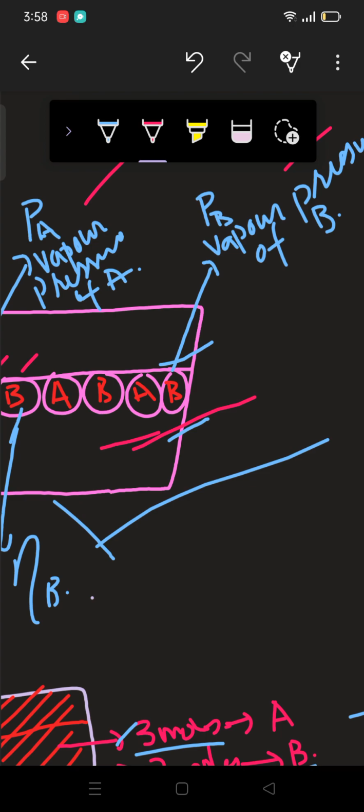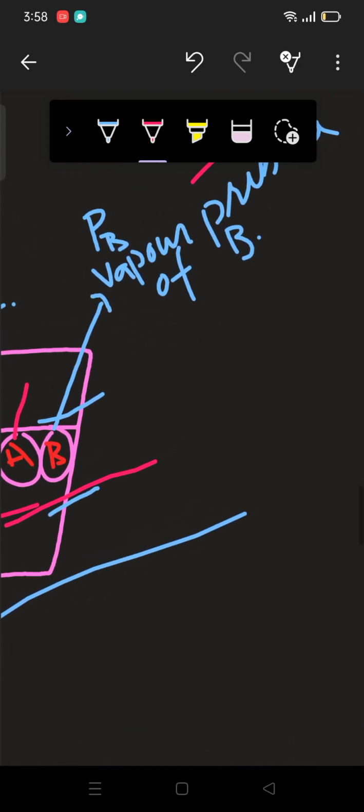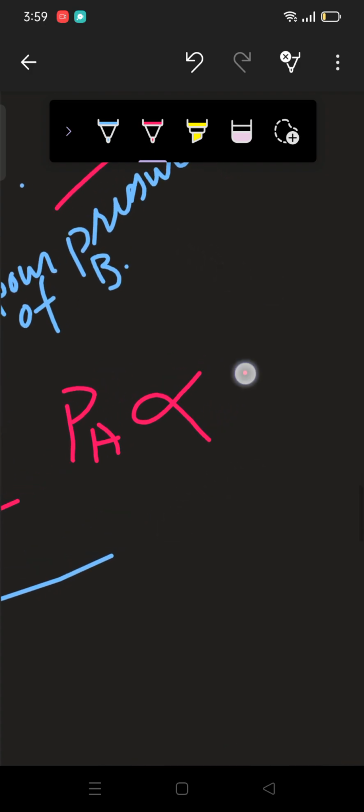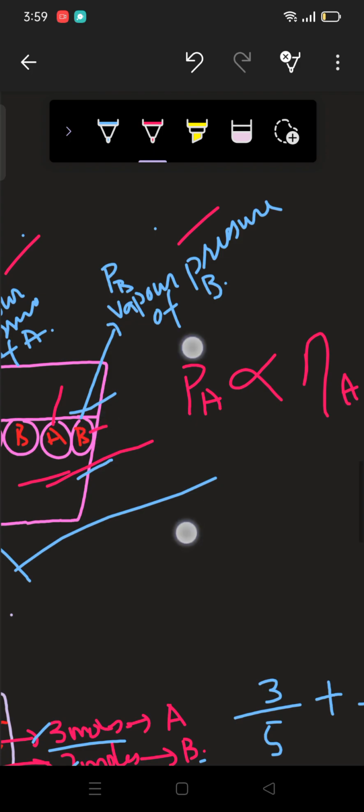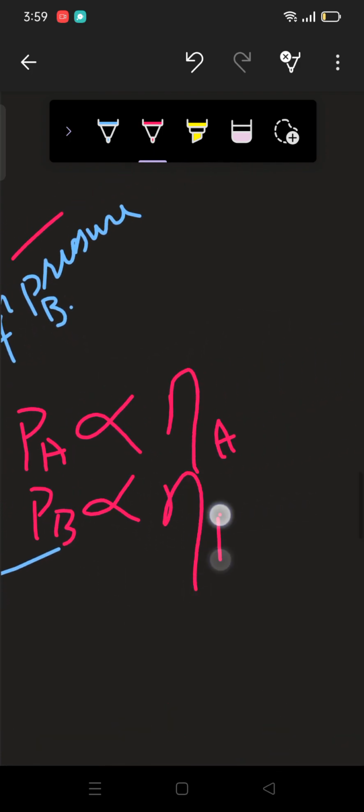If I talk about A here, the vapor pressure of A is directly proportional to the mole fraction of A, and the vapor pressure of B is directly proportional to the mole fraction of B, right?